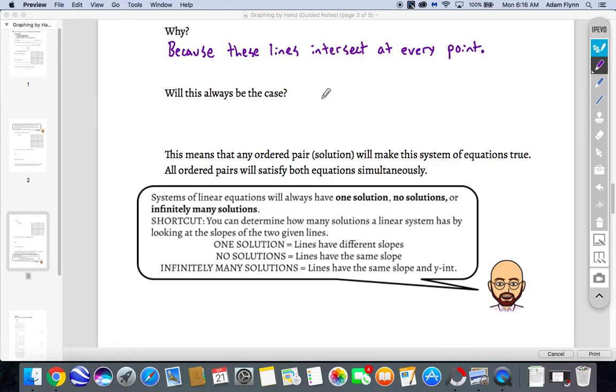They are the same line, as we just discussed. And will this always be the case? If we have two lines that overlap each other, will our solution always be infinitely many solutions? The answer is yes.